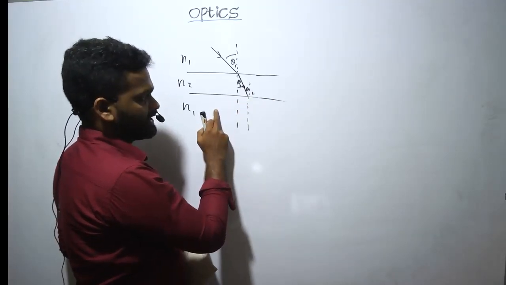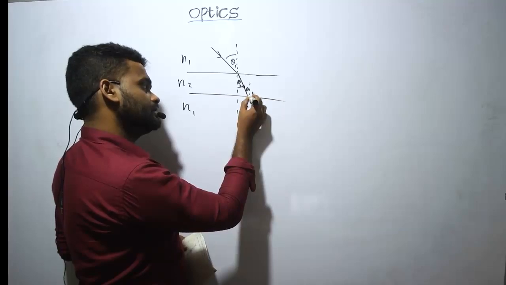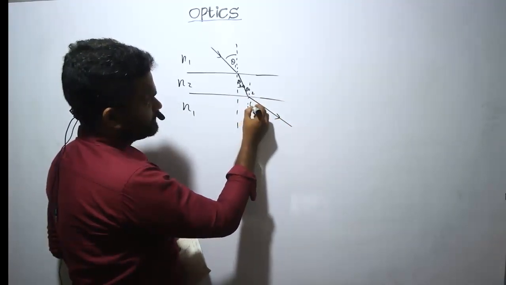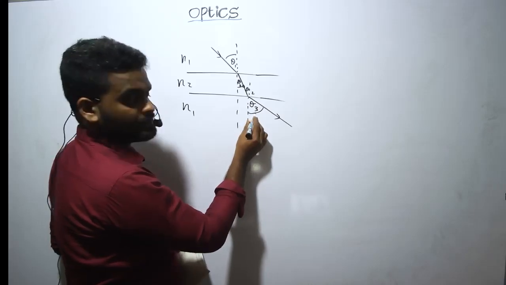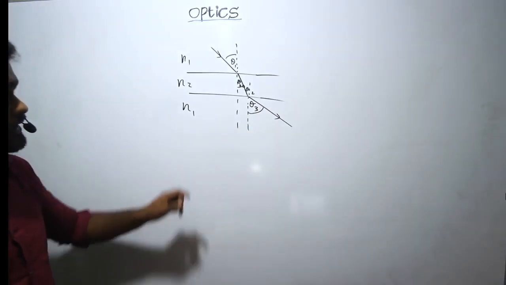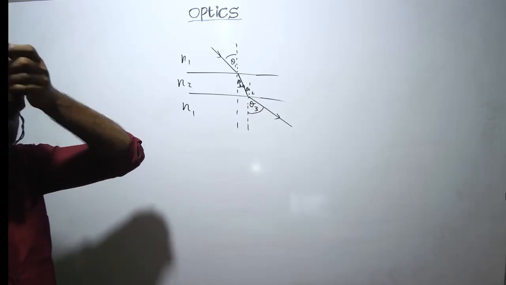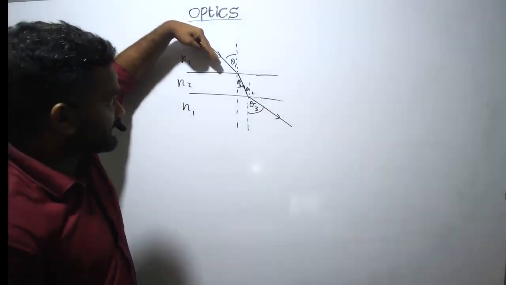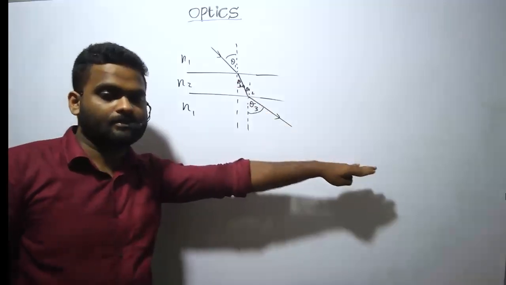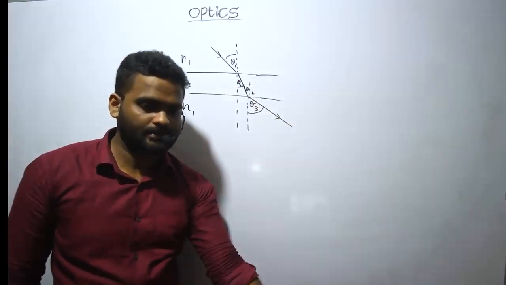Then let's say this is a rare medium. It doesn't matter. Then it bends like this. Let's say this angle is theta 3. Light enters from the same medium and emerges to the same medium as well.